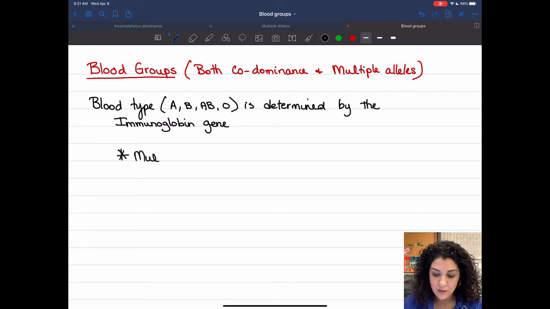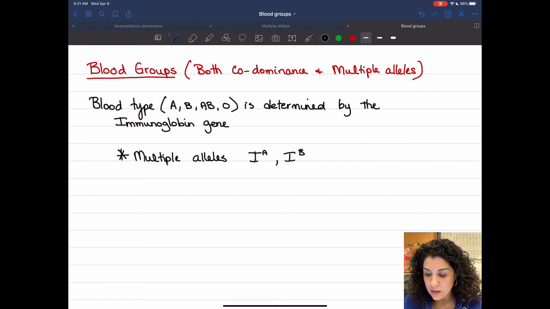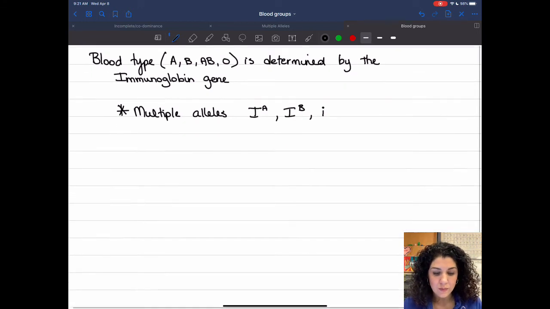So you can have immunoglobulin A, you can have immunoglobulin B, or you can have no immunoglobulin, and if you don't have an immunoglobulin protein being made on your red blood cells, then the allele that you have is little i, okay?